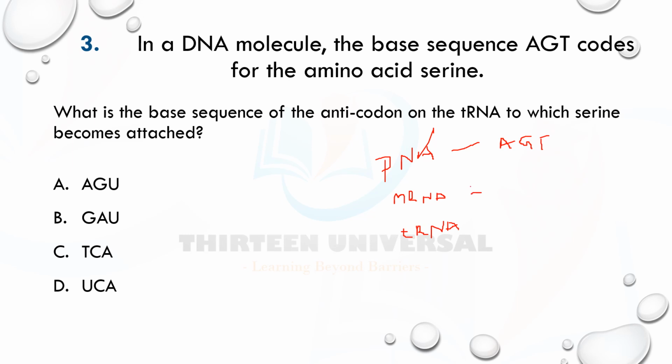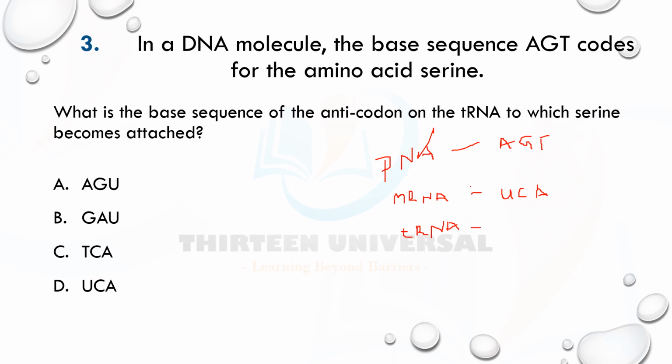This A base pairs with U, G goes with C, T goes with A. So this is UCA. That's the codon on messenger RNA. And if you check the options, you see it there, but that's not the correct answer.